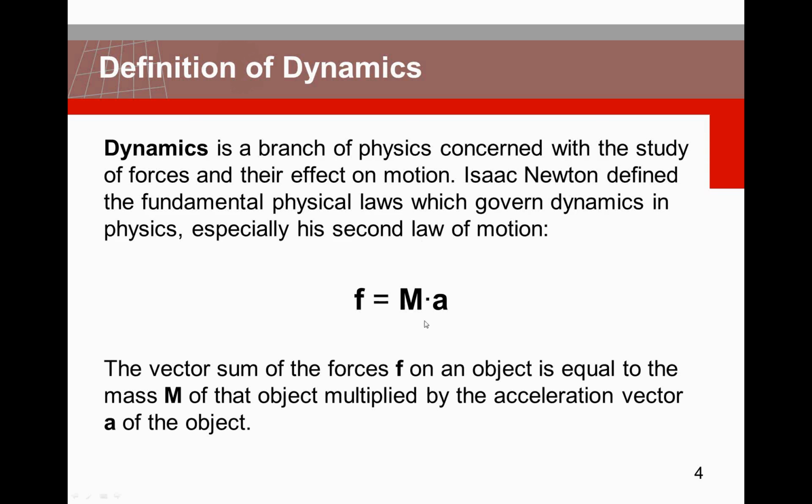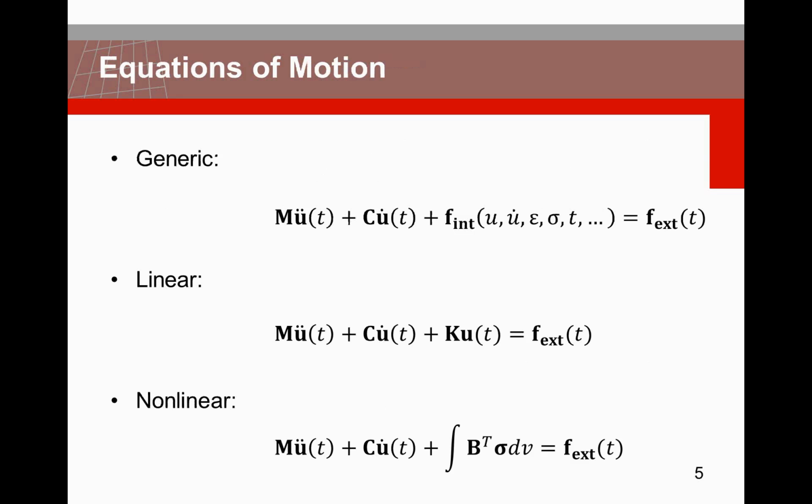That is F = m times a, where F is the force vector, m is the mass matrix, and a is the acceleration, which says that the forces applied on a mass or masses of a system will give them a certain acceleration. And we will see this also coming back in our equations of motion.